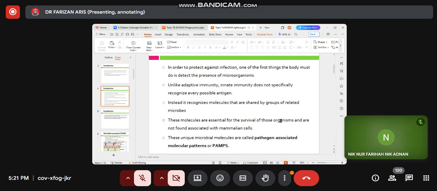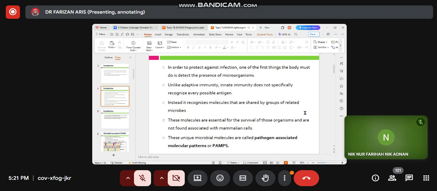The part that could be recognized by the immune system, particularly the innate immune system, is called pathogen associated molecular patterns. So basically, under this type of immunity, they recognize the antigen specifically by the molecular patterns. The term in short is PAMPs.